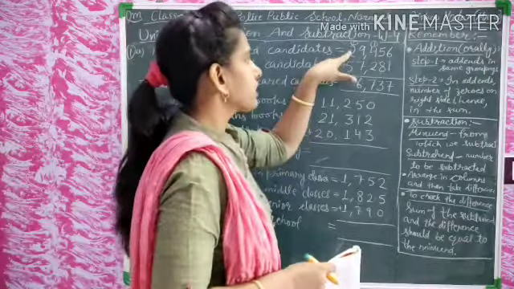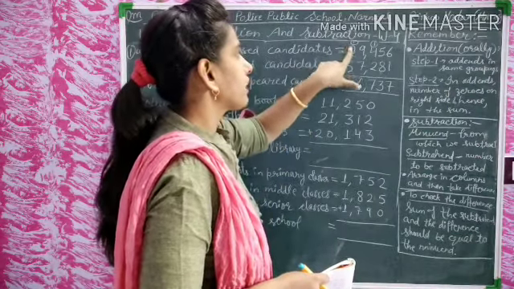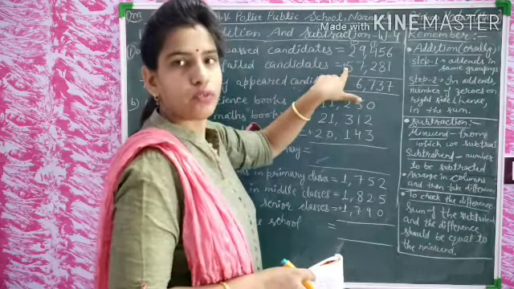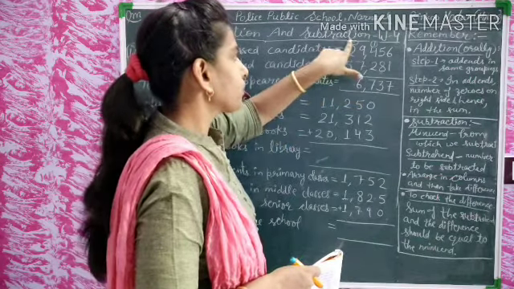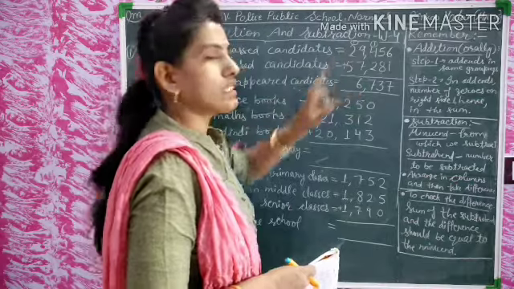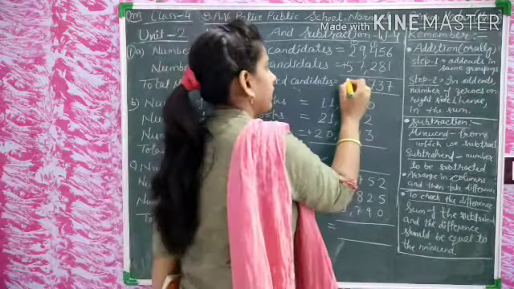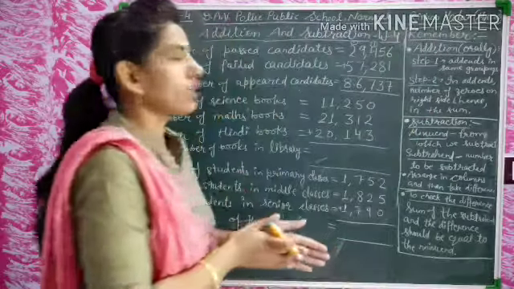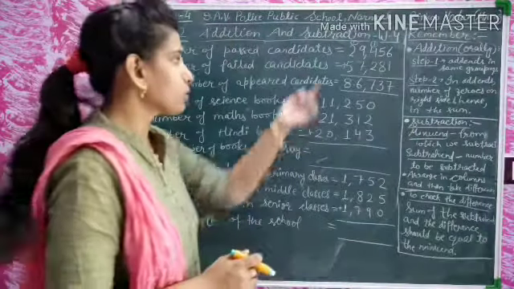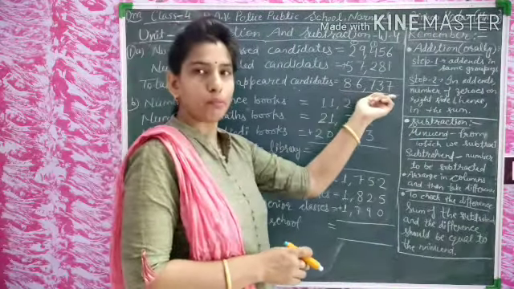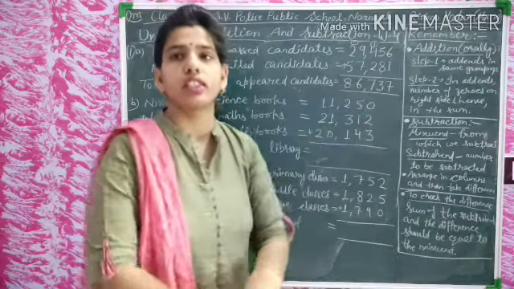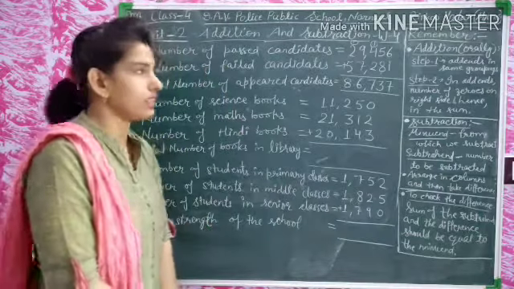So here, 1 ten-thousand, 2 ten-thousands and 5 ten-thousands. 1 plus 2 is 3, 3 plus 5 equals 8. That is 8 ten-thousands. So students, the total number of candidates who appeared is 86,737 students.